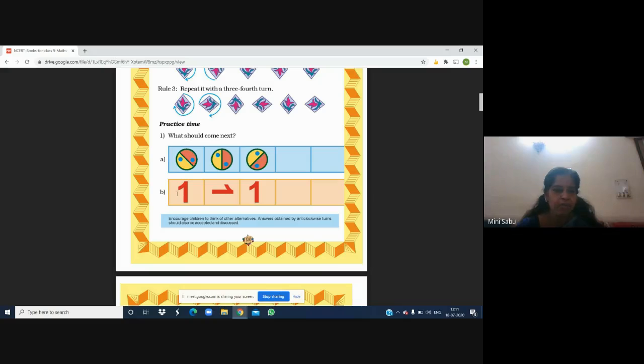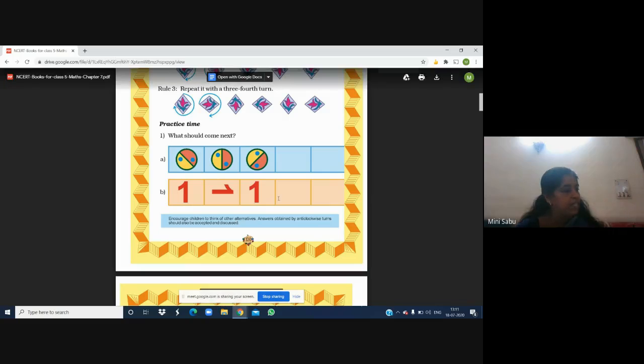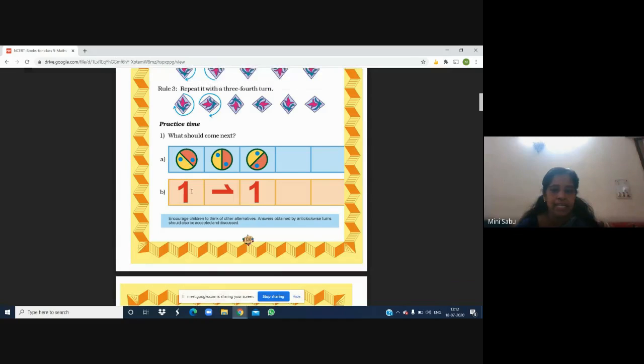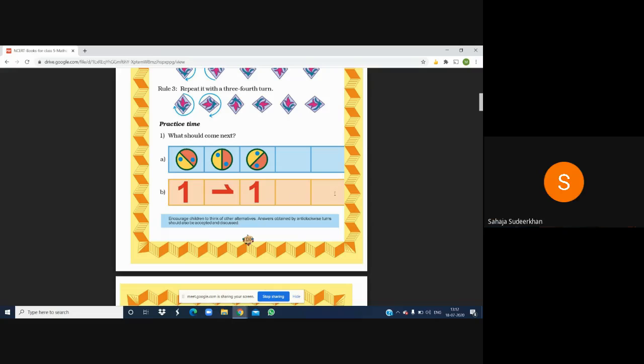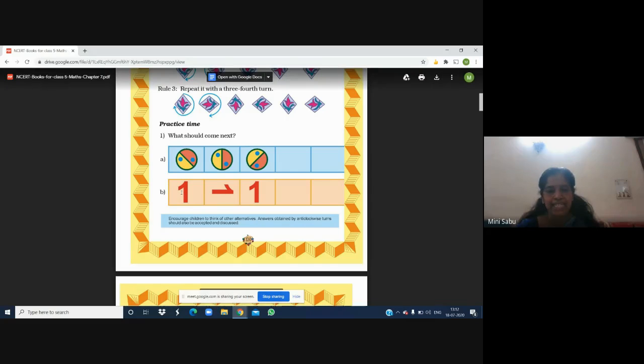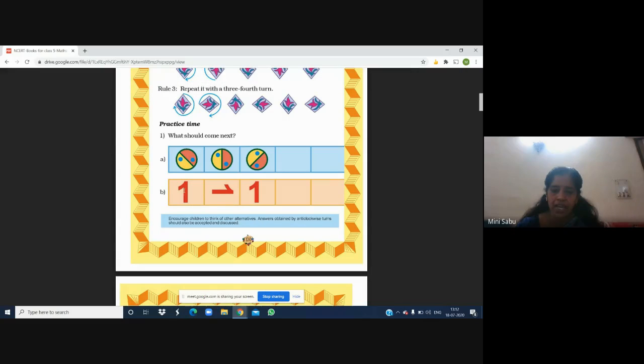Now, see children, in this PDF, here it is written 1. But in your textbook, here it is written N, then here Z. Then N. Then what will be the next? Z. Next one will be N. Here it is written 1. And this 1 is here, at the center of the block.